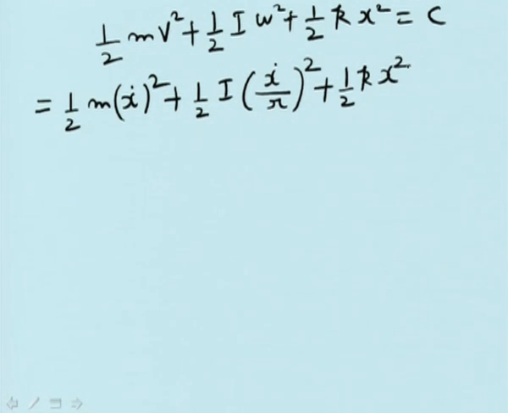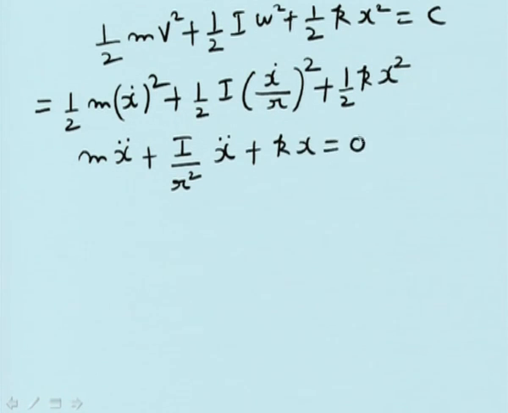If you differentiate this equation for total energy with respect to time, you get m x double dot plus I by r square x dot plus kx equal to 0.